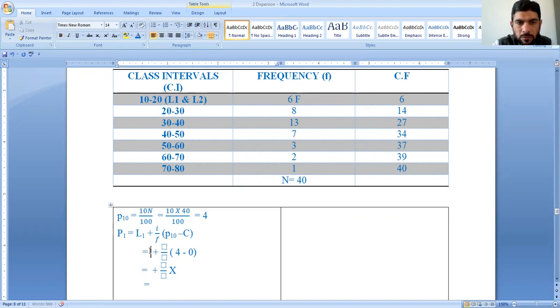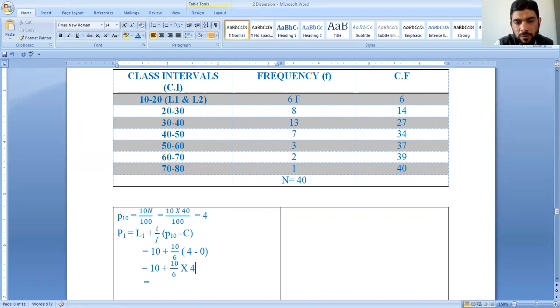So L1 here is 10. I is the difference between the class interval, that is 10, upon frequency. Frequency we have as 6, and we have P10 as 4. C, we are not having any preceding value above the 6, so it will be 0. So L1 is 10, and 10 upon 6 multiplied by 4 will be 40 upon 6.